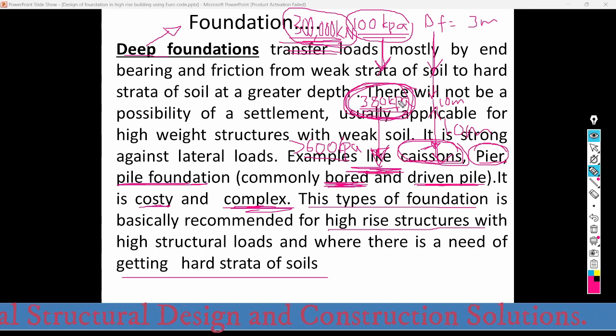So in this case, we need to provide a pile foundation having a length of 23 meters, for example. That is 3 meters, 10, 10, that is 23 meters. So we need the total length of our pile to be maybe 23 meters.